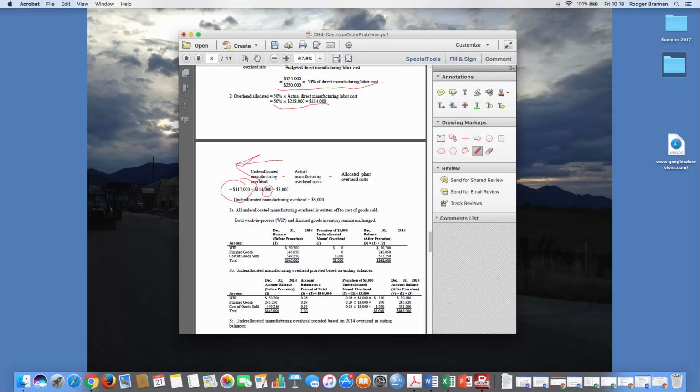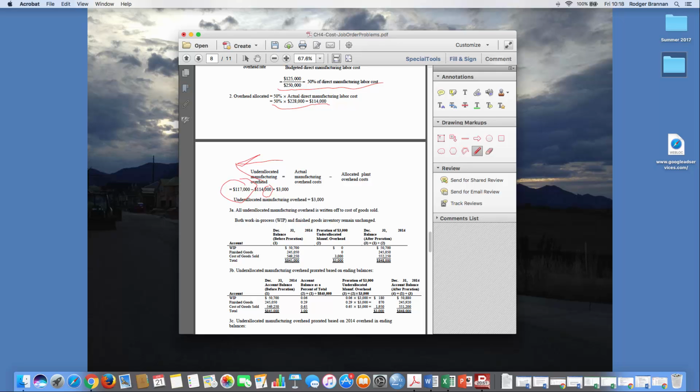Well, one way I can do it is by simply, in this case, they're not asking you to do all of the journal entries. They're just saying, what would I do with it? Well, if I deem it to be immaterial, and in terms of quizzes and exams, you'll be told this is immaterial, you may close it out to cost of goods sold. What it means is that my cost of goods sold is understated.